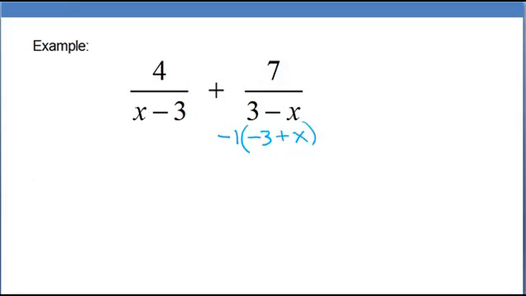So for our LCD, for this case, you can actually use x minus 3 or 3 minus x. It doesn't matter, and you do not need both. You just need one of them.